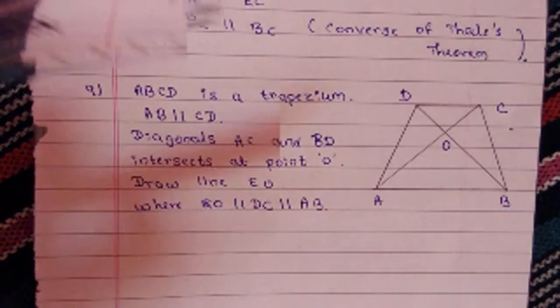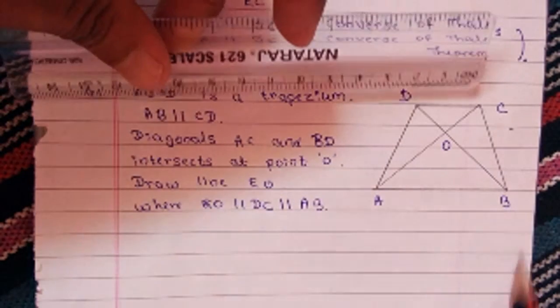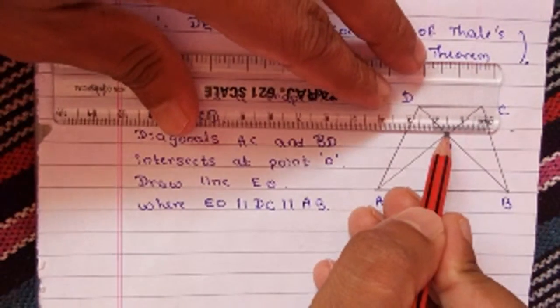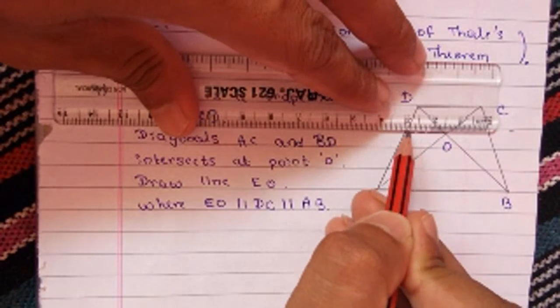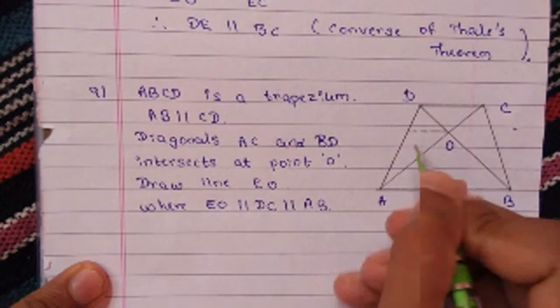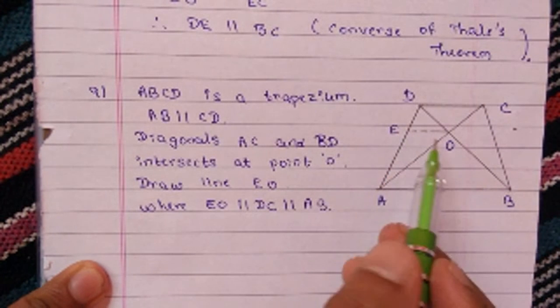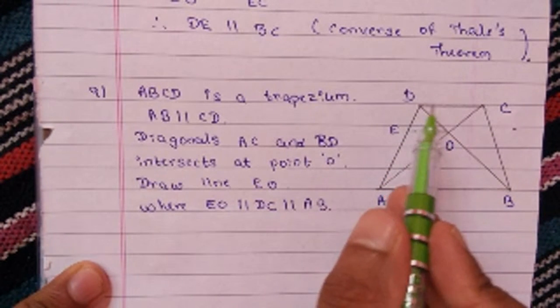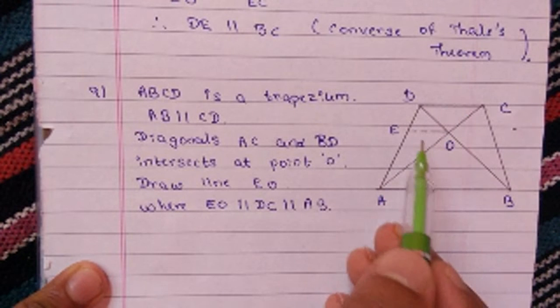For example, see here, this is point E. EO is one line that is parallel to CD as well as parallel to AB.